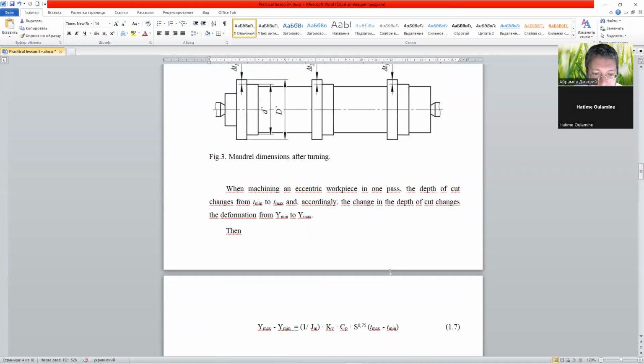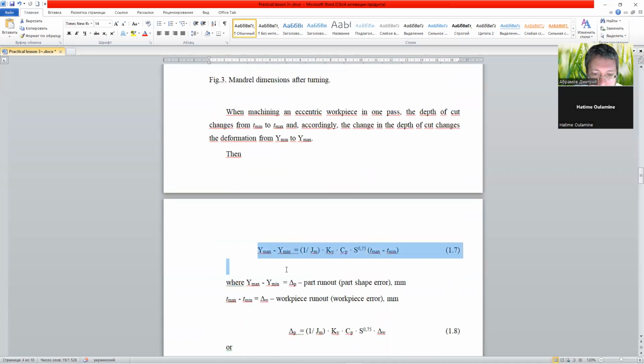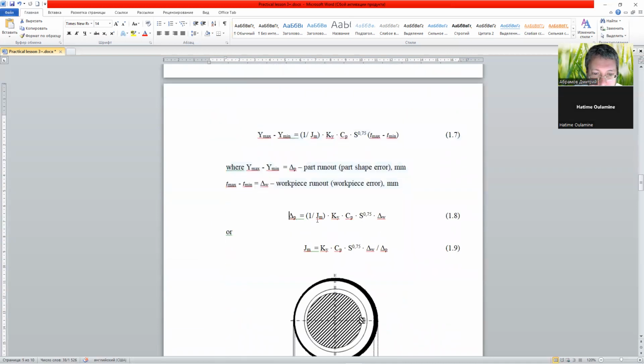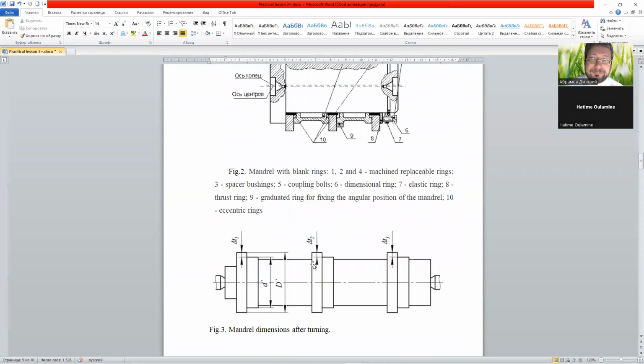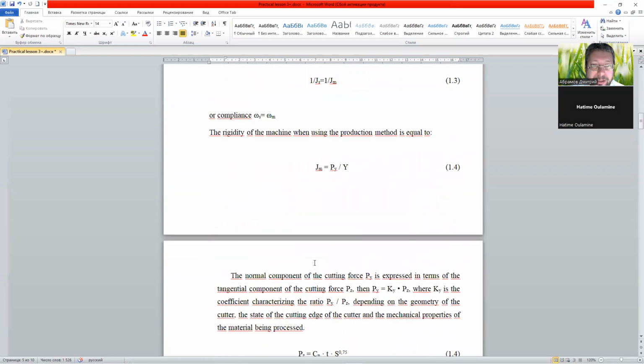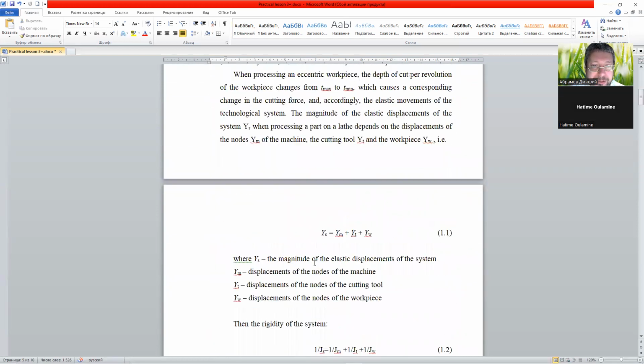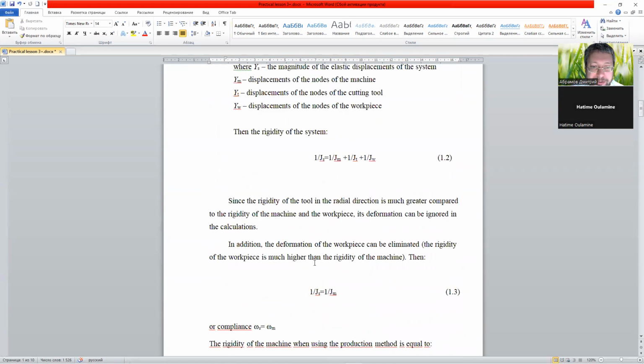So please write down in your notes all these formulas and all items of these formulas. I give you about 20 or 30 minutes. Write it down.